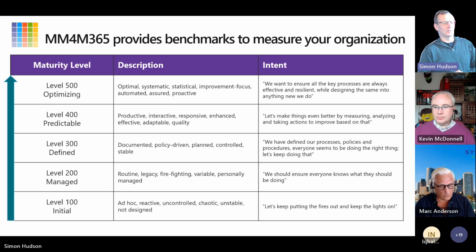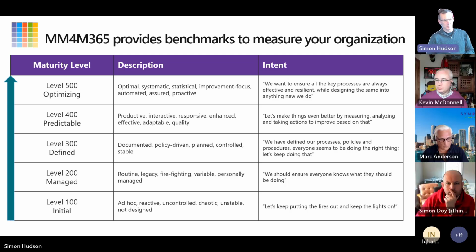Just to remind us all, the maturity model is a five-step process from the initial level, which is very much that relatively chaotic, not very thoughtful, ad hoc, we're just trying to keep the lights on kind of approach. Then we move up the levels through managed into defined, which we really consider to be the right place for people to feel secure in terms of running a business or organization.